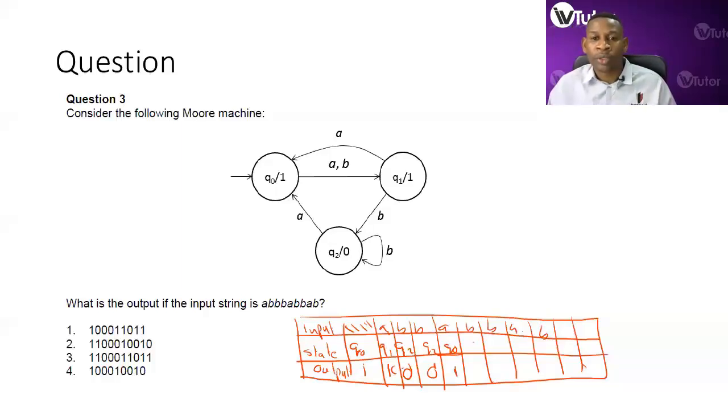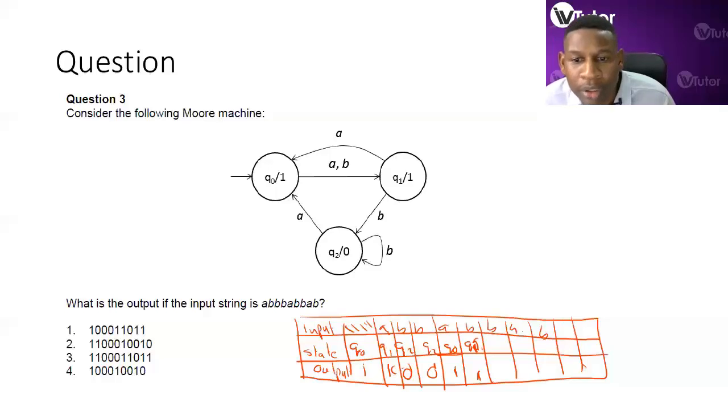Then from Q0 if you encounter B, go to Q1. Q1 is with an output of 1.